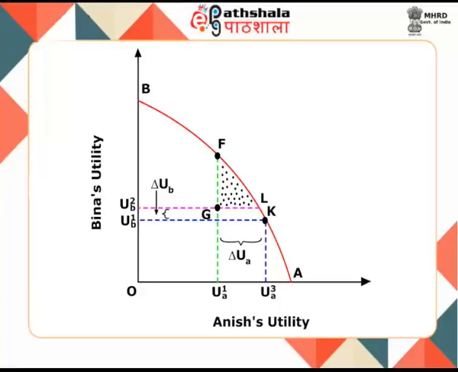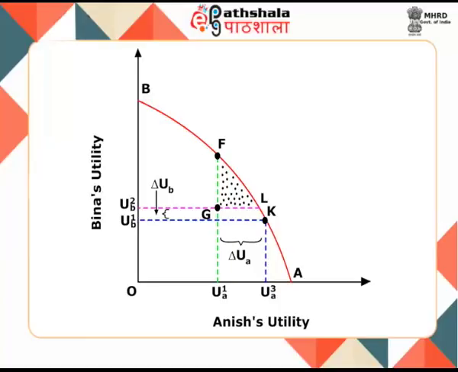We can see that because the point G lies below the utility possibility curve AB, there exist points like F, L, and all other points on the curve between F and L which are Pareto preferred to G. At point F, Bina's utility increases without decreasing Anish's utility, and at point L, Anish's utility increases without decreasing Bina's utility, and on all the points between F and L, utility of both is increasing.